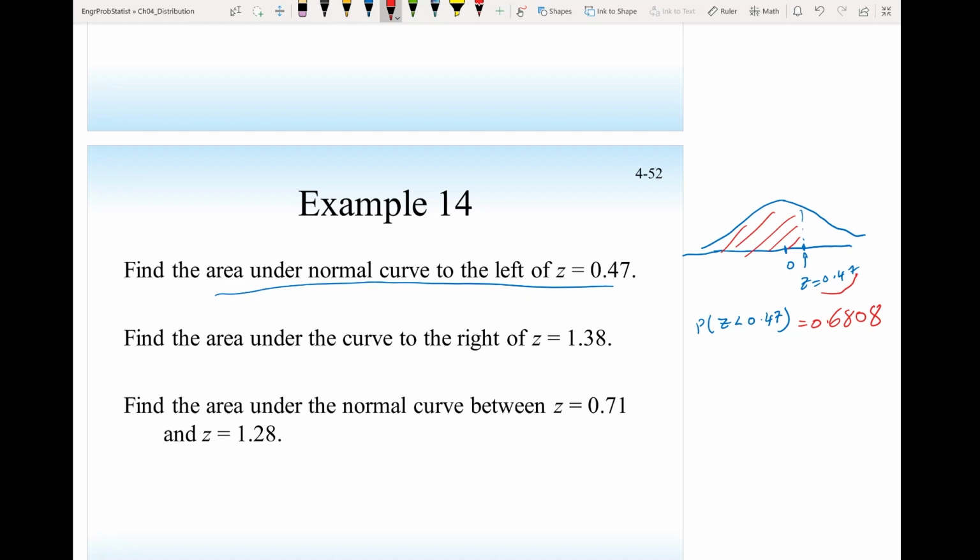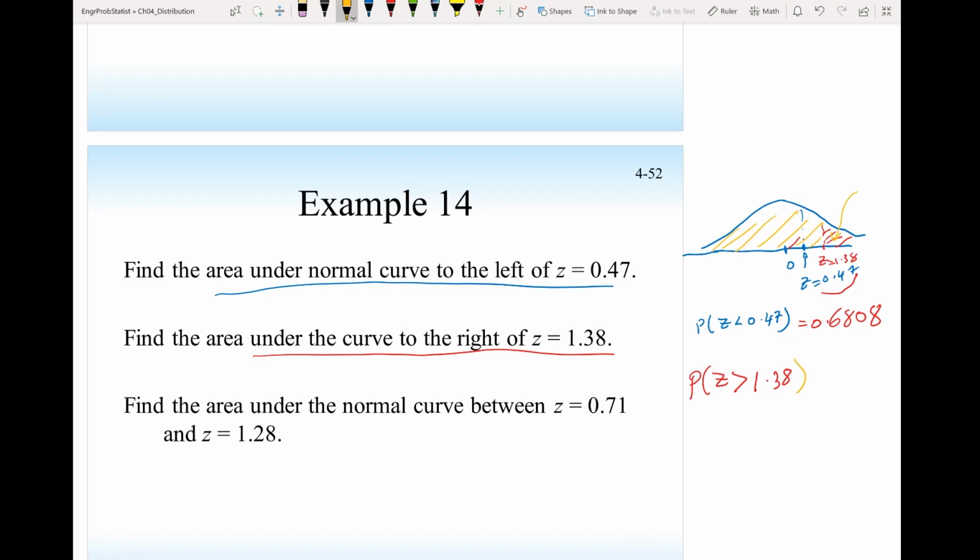Find the area under the curve to the right of z equals 1.38. So now they want the probability of z larger than 1.38. So z is probably here, 1.38, and they want this area. To solve this problem, the table will always give me less than z. So I can use the table to find this area, then subtract it from 1 to get the desired area here.